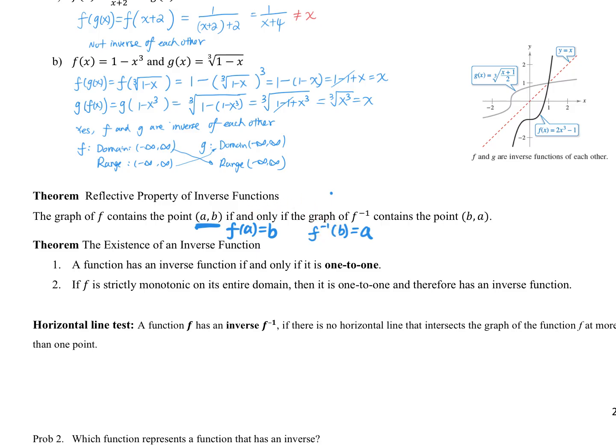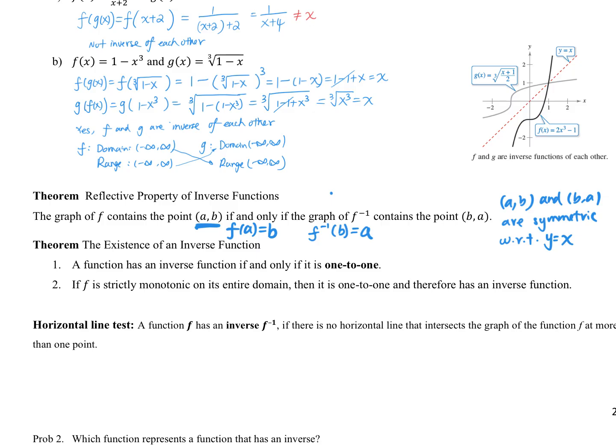Now what that means is actually in the xy plane, the points (a, b) and (b, a) are symmetric with respect to the line y equals x. So point (a, b) and (b, a) are symmetric with respect to this identity line.